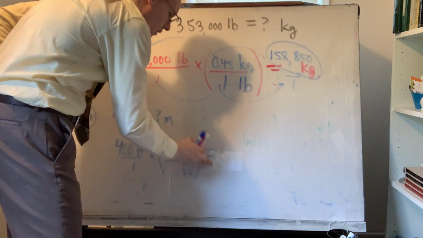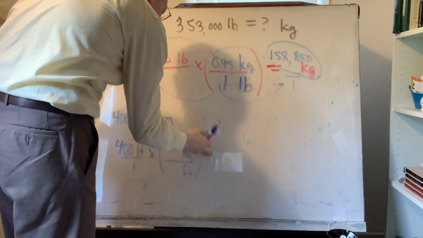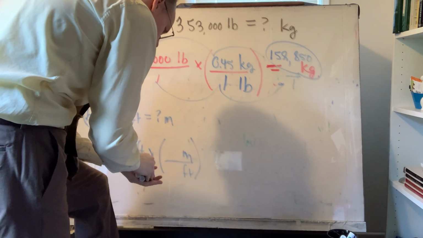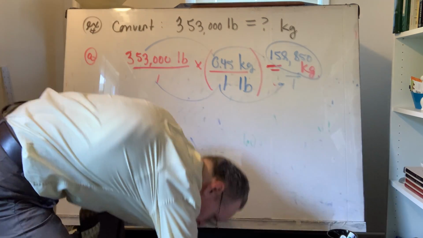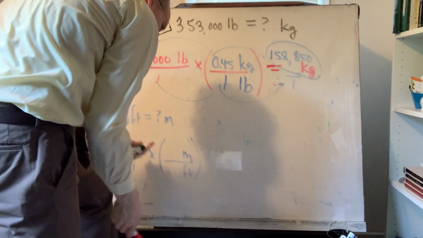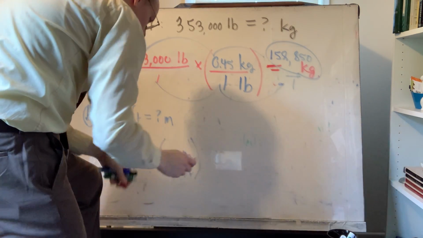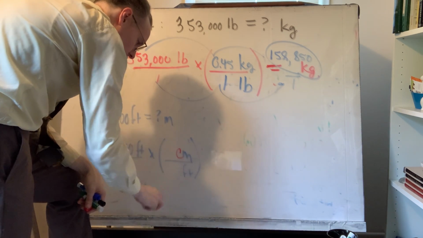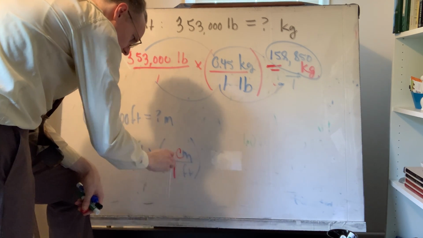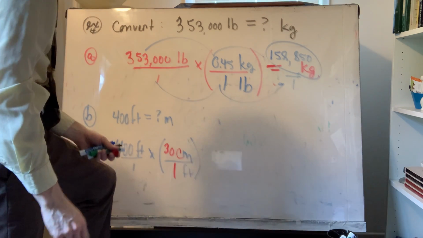All right, there's an afterthought. You could use the diagram of the number line, the horizontal number line, once you get it to meters. But anyhow, we have something for direct conversion. 1 foot is about 30 centimeters.